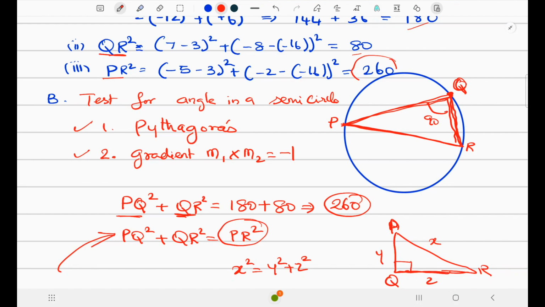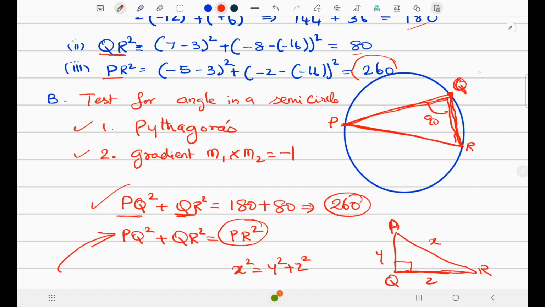Since the angle in a semicircle is a right angle, PR is a diameter of the circle, and Q is on the circumference. So, if the three sides satisfy the Pythagoras theorem, it means one angle is 90 degrees. Out of three angles, one angle is 90 degrees.